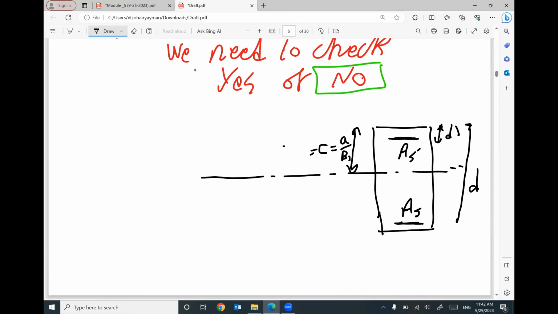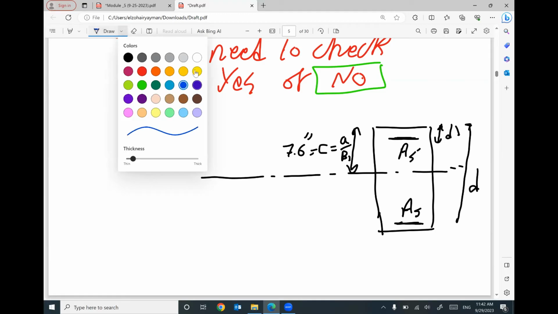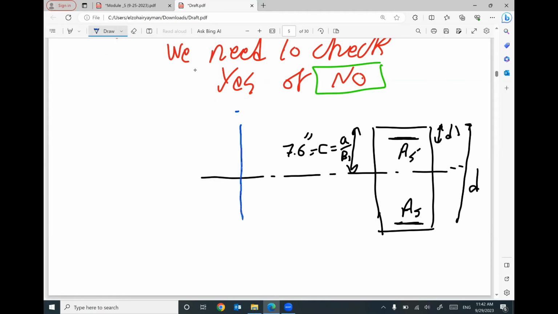It's 7.6 inch. Keep in your mind, we will have strain distribution: compression in concrete, tension in the steel, epsilon steel tension. In between, we pass through the neutral axis here. This is strain 0.003. The steel reinforcement in compression will have a strain, epsilon steel in compression.